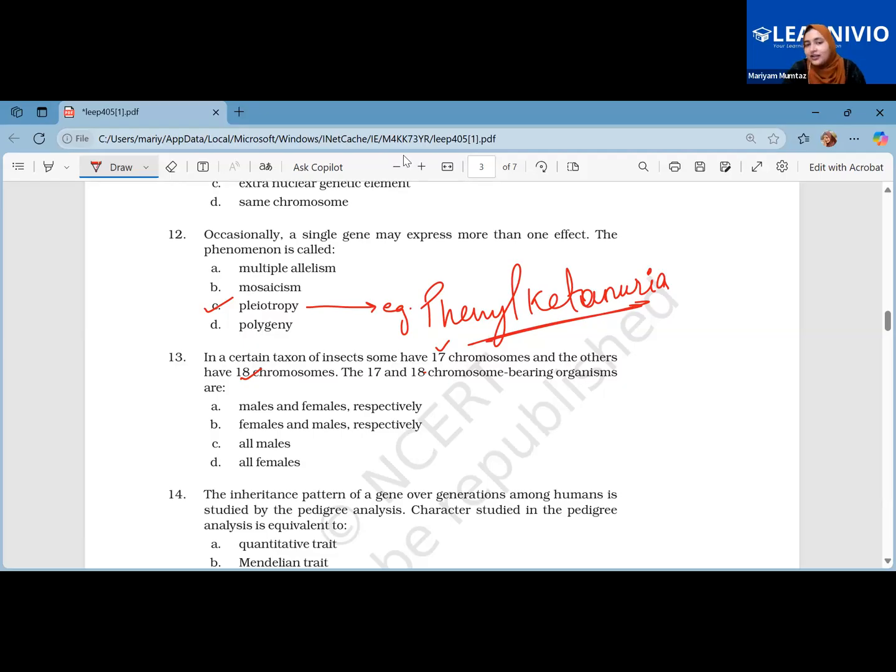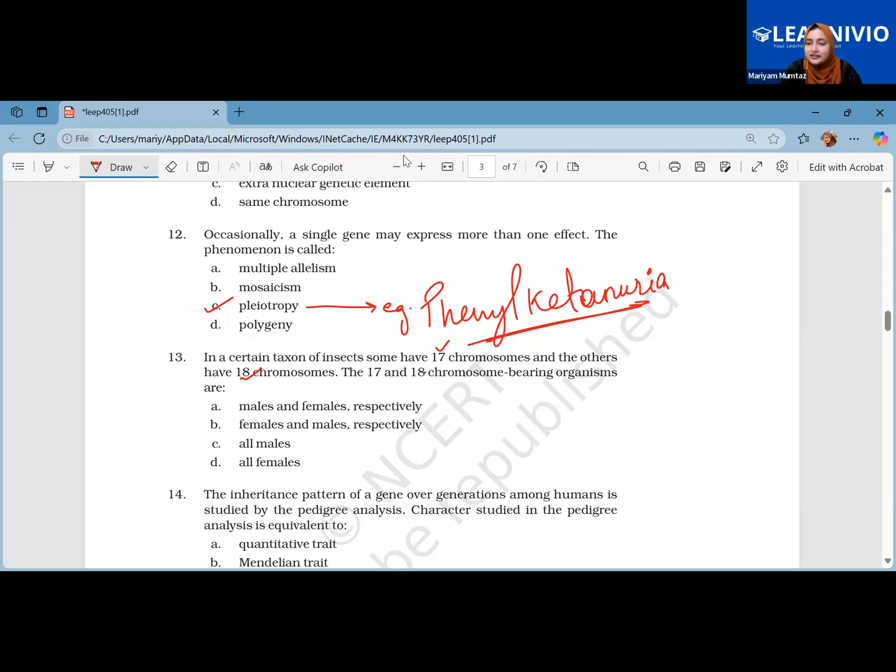Okay, which insect are they talking about? If you could imagine, which insect is it talking about? In which insect do you see two different types of individuals having different genotypes or chromosome number?